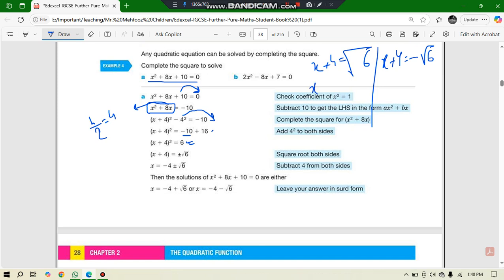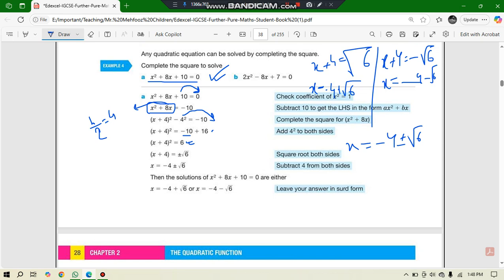In this one we have the answer minus 4 plus square root of 6, and in this one minus 4 minus square root of 6. So the answer can be combined as x is equal to minus 4 plus minus square root of 6, right? This is the combined answer for this equation by using the completing square method.